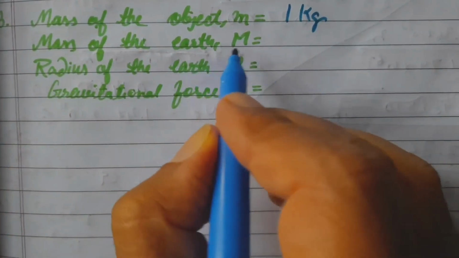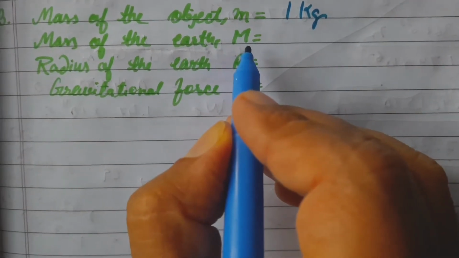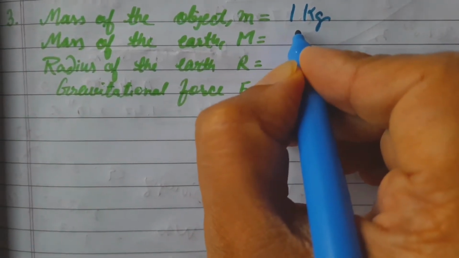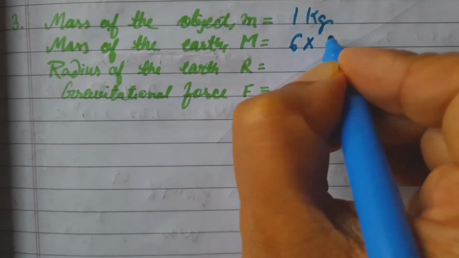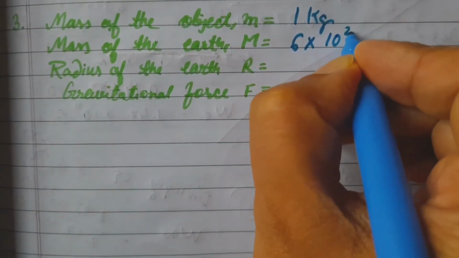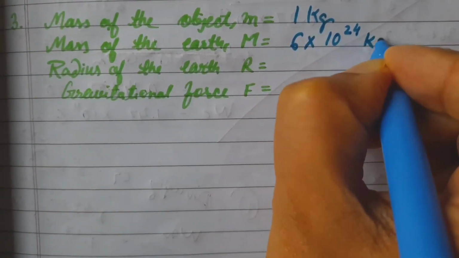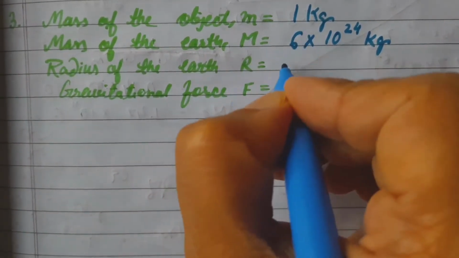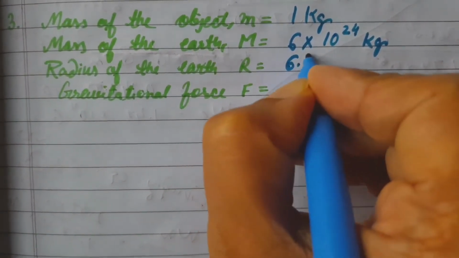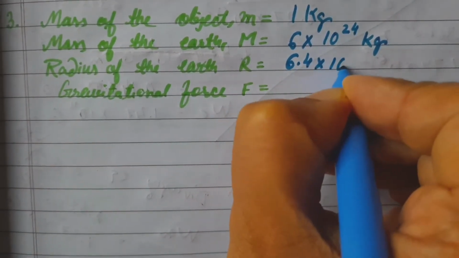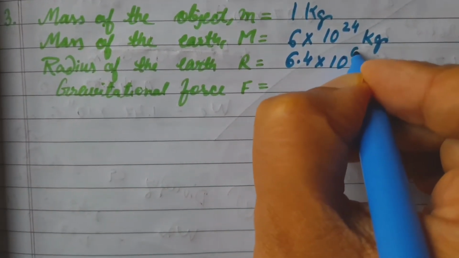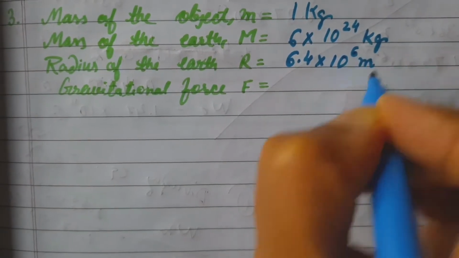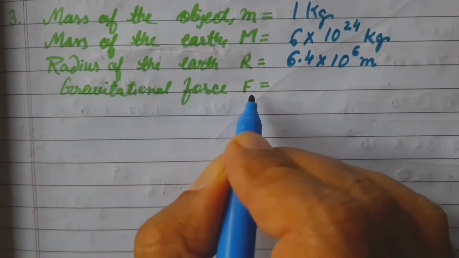Mass of the earth, capital M, is 6 into 10 to the power 24 kg. Radius of the earth, denoted by capital R, is 6.4 into 10 to the power 6 meters. We have to calculate the gravitational force F.